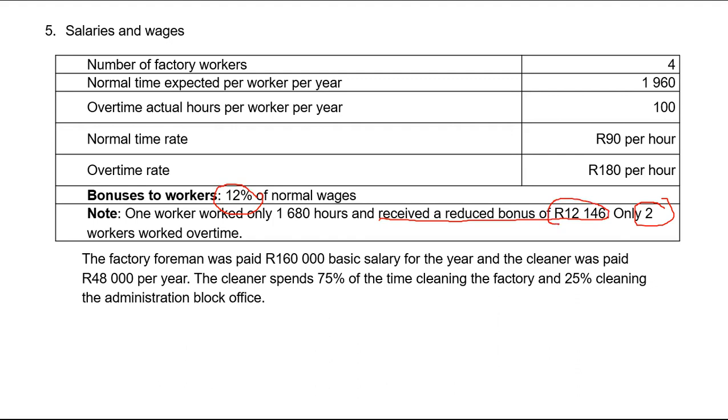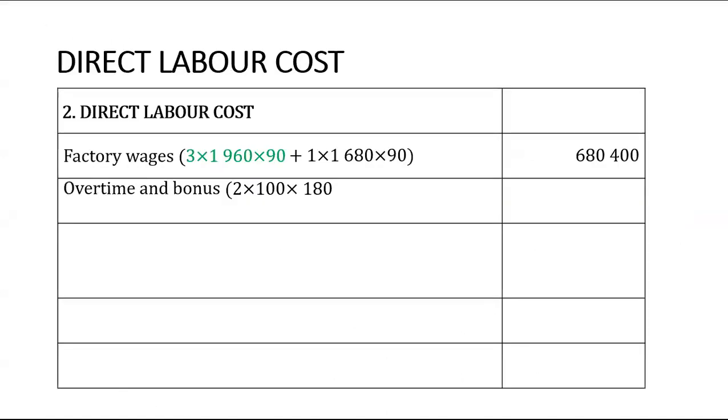So when you calculate bonuses, it'll be based on the 3 workers that worked 1,960 hours. And all we have to do is take their normal salary, which is what we got here.